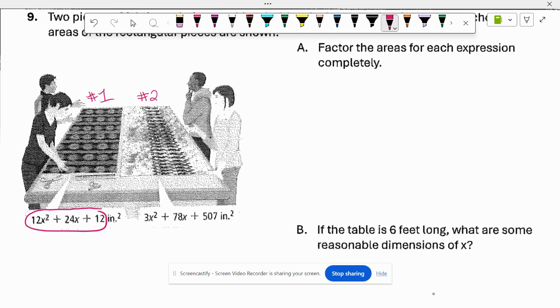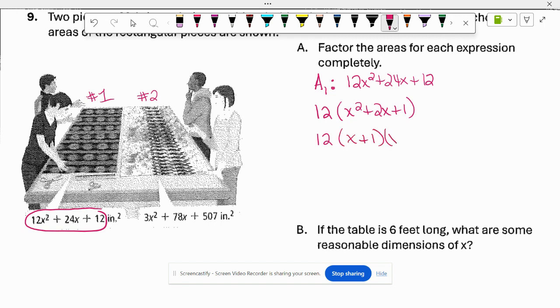So the area of number 1 is 12x squared plus 24x plus 12. The first thing I did is I took a 12 out, and that gave me x squared plus 2x plus 1. So this factors out to 12 times x plus 1 times x plus 1, which is the same thing as 12 times x plus 1, the quantity squared.